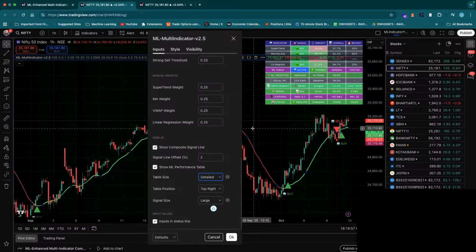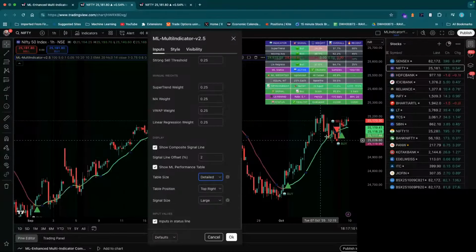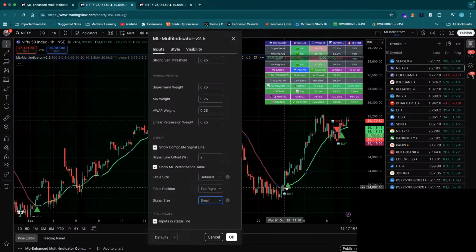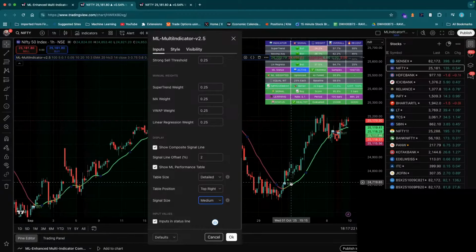For this live session, I'll keep the detailed one so that when we change the values, we'll be able to see the table here. And then some people said that the signal size is too big, so you can actually make it small. When you say small, the symbol will become very small, and when you say medium, this will become medium.